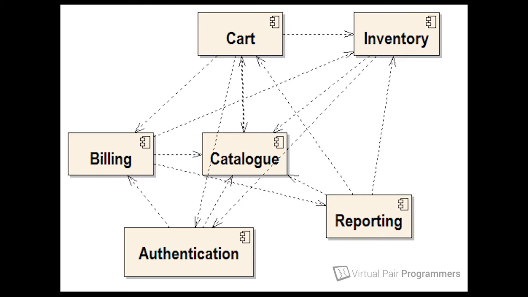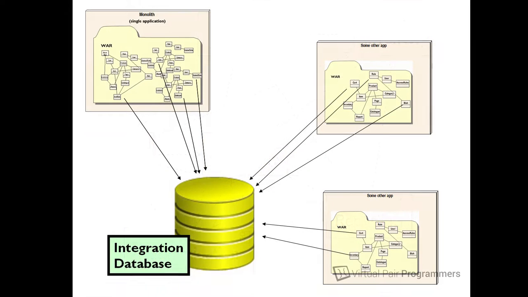But what about the database? Well, this is controversial because, of course, many businesses, many projects depend on their integration databases. These databases might have been built up over years and years, and it could well be their biggest business asset. But for microservice architectures, integration databases are a definite no. So why is that the case?